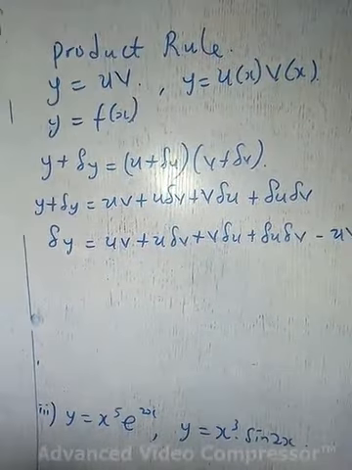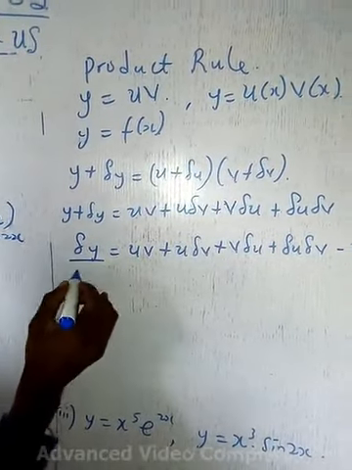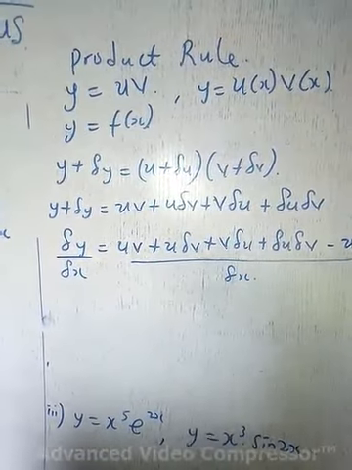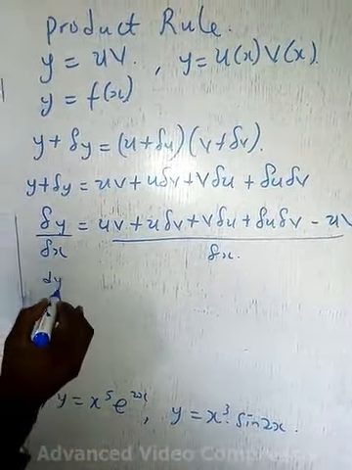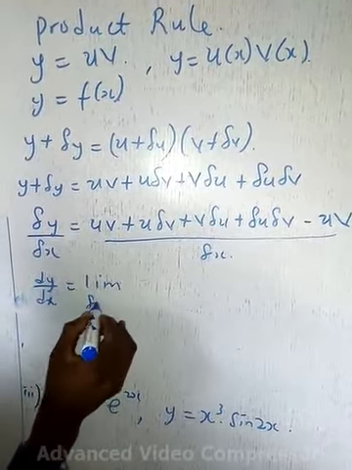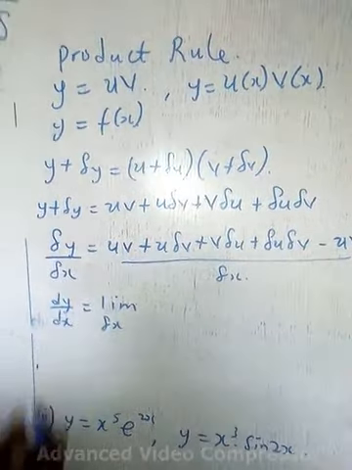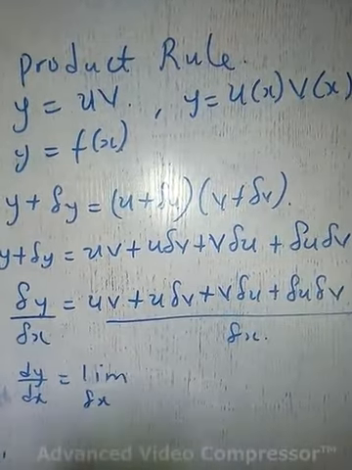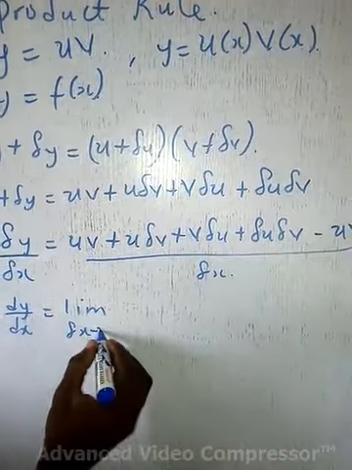Then what happened? We take the slope, changing u by changing x. Then we can write it as the limit of this, which will be dy/dx equals the limit as changing x approaches 0.